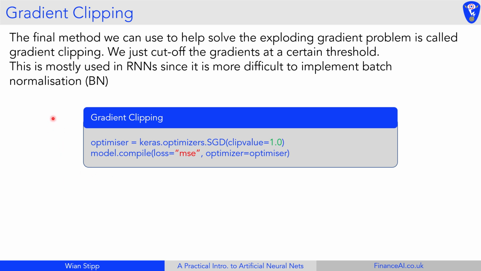This is the code for it here. So within the optimizer, you set the clip value for some number, and then you input this variable into the optimizer. And this will just clip the gradient between -1 and 1.